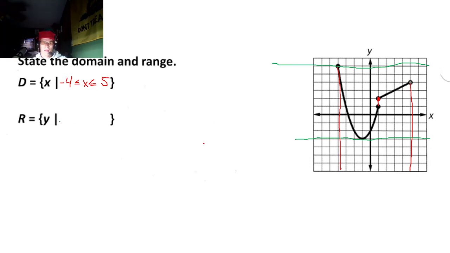So y, we're going to start off with our lowest value, so -3 is less than or equal to y is less than or equal to 2, 3, 4, 5, 6, 7. So that is how you state the domain and range of a piecewise function, okay?